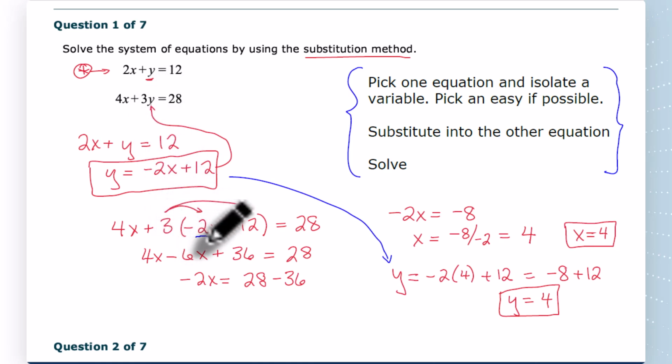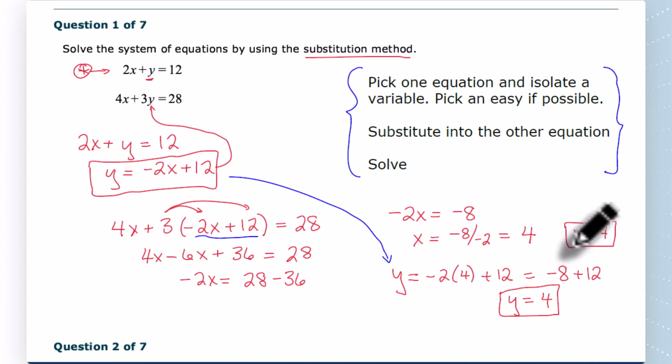So right here is y. So if I distribute the 3 in and I start simplifying all that, I finally get down to minus 2x equals minus 8. Divide both sides by minus 2, and I get x equals 4.